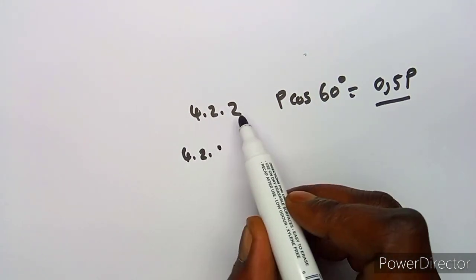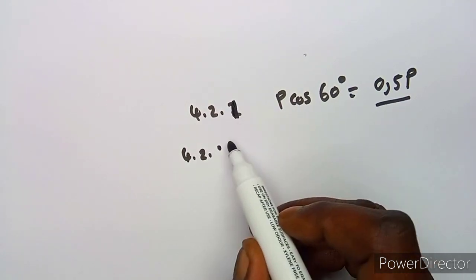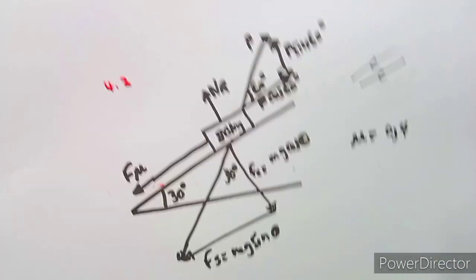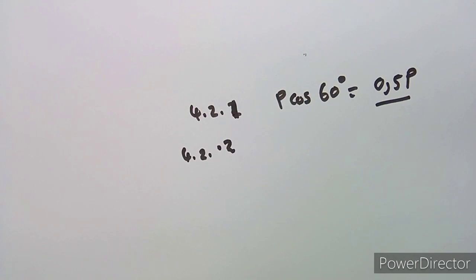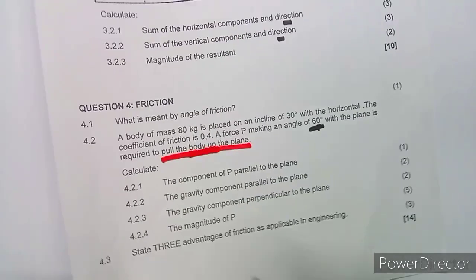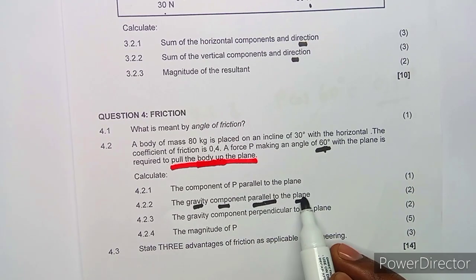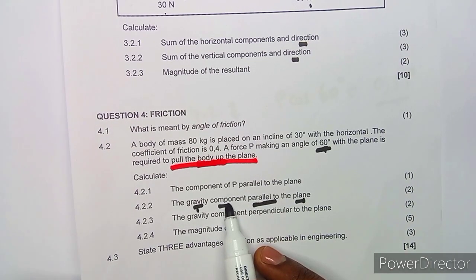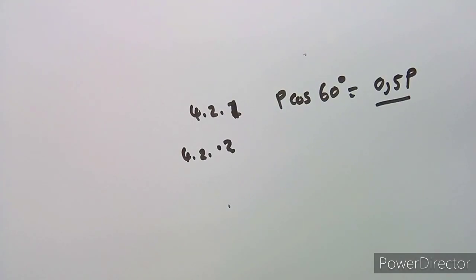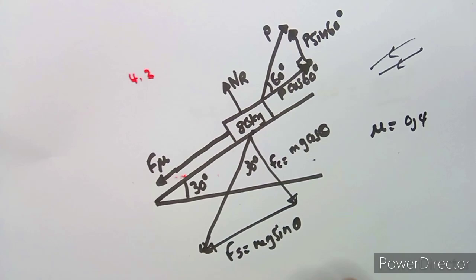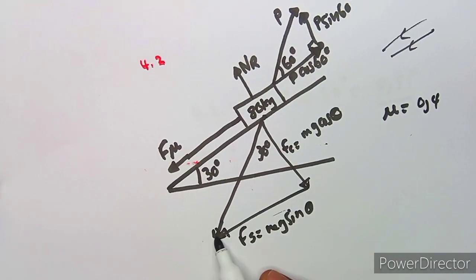We move. This is 4.21, guys. 4.22 now. All right. So let's see our 4.22, which is to calculate the gravity component parallel to the plane. This is now due to the gravity, which is due to the object where it is of mass. So this one, it's parallel to the plane, which means you're working with Fs due to the gravity here.